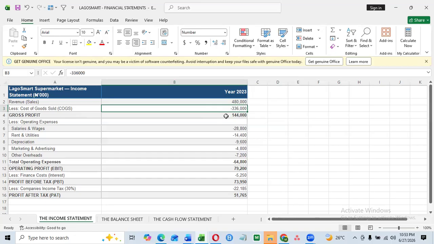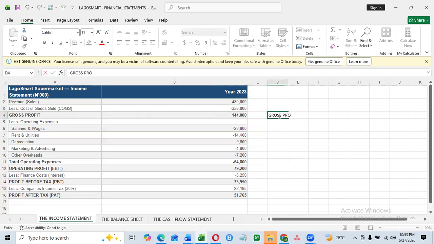Here we can come up with what is called gross profit margin. Gross profit margin is going to be the 144 million that we have here divided by 480.